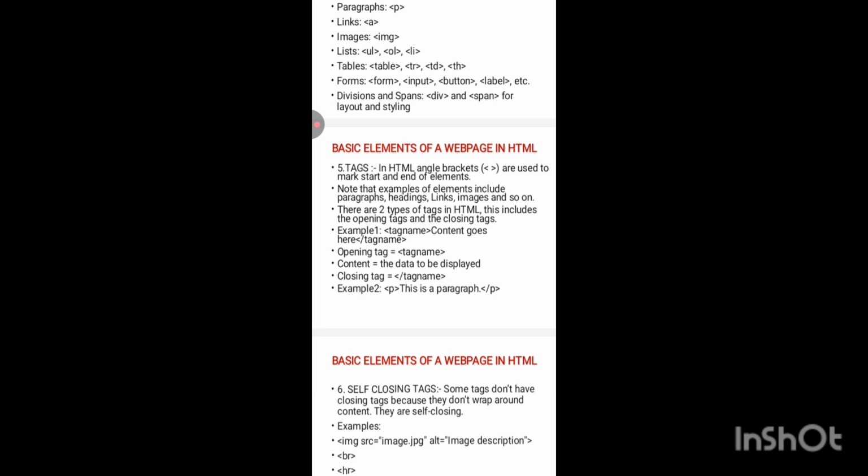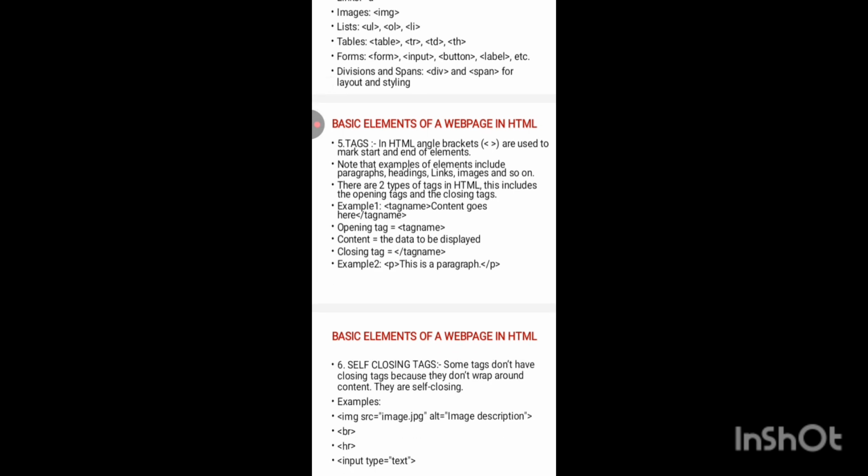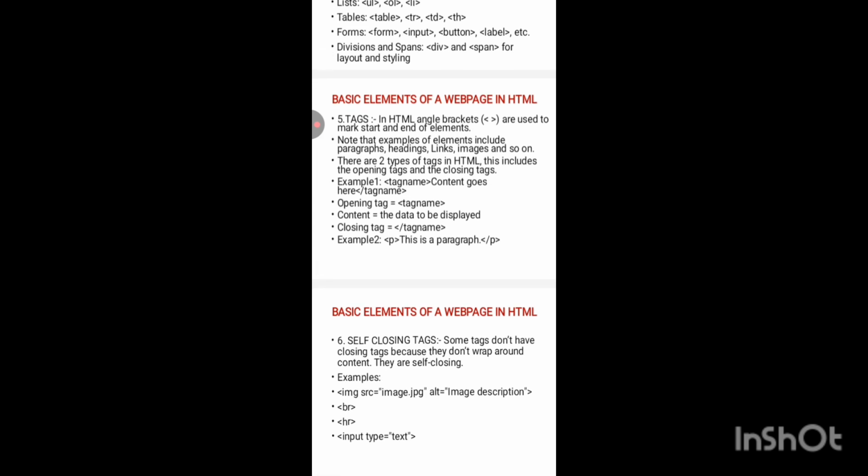So, continuing with the basic elements, we have tags. That's the fifth basic element we need for our web page. In HTML, angle brackets, opening and closing, are used to mark the start and end of elements.